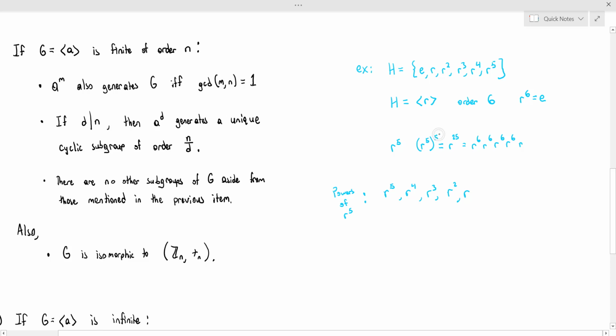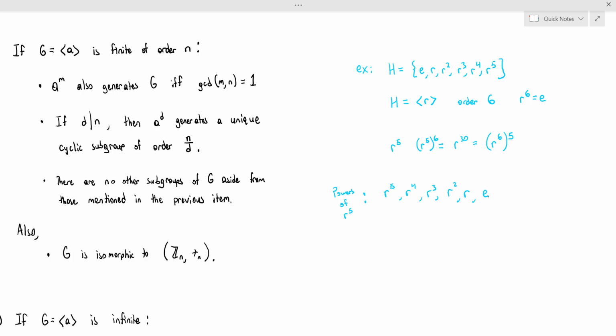And if we do r to the 5th power raised to the 6th, that's r to the power of 30, which you can think of as r to the 6th multiplied with itself 5 times. Since r to the 6th is just an identity, we just get the identity in the end.